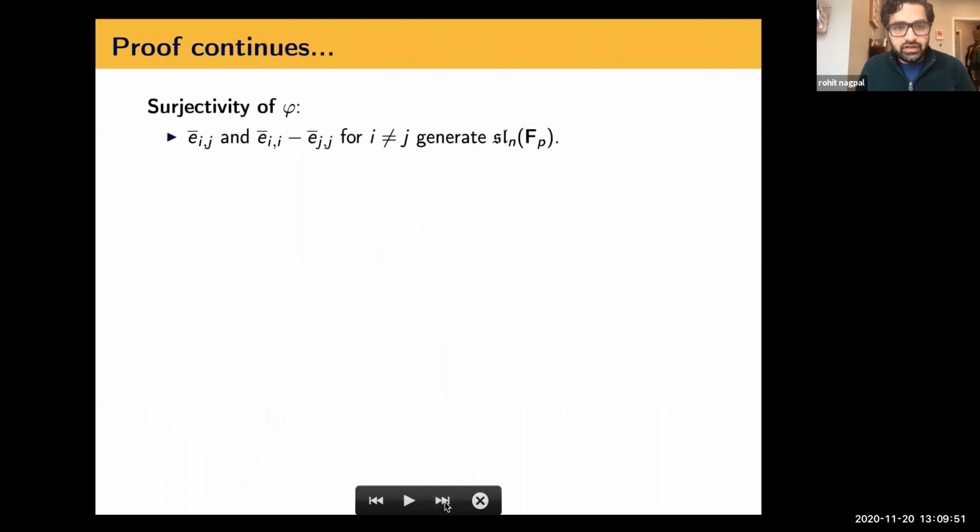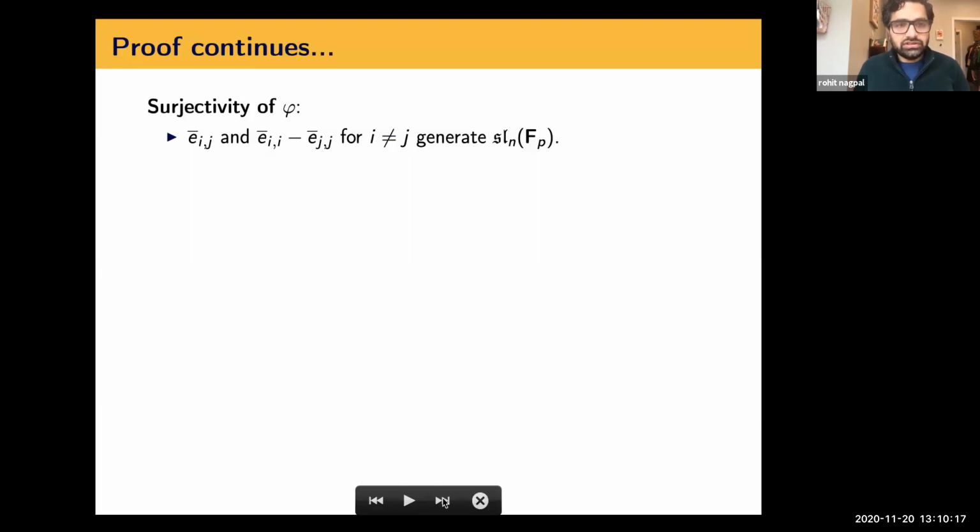So we can easily verify surjectivity of phi. We know the trace zero matrices are generated by these elements, where this E_ij bar just stands for the matrix whose ijth entry is 1, and all other entries are 0, right? So these are generated by these.